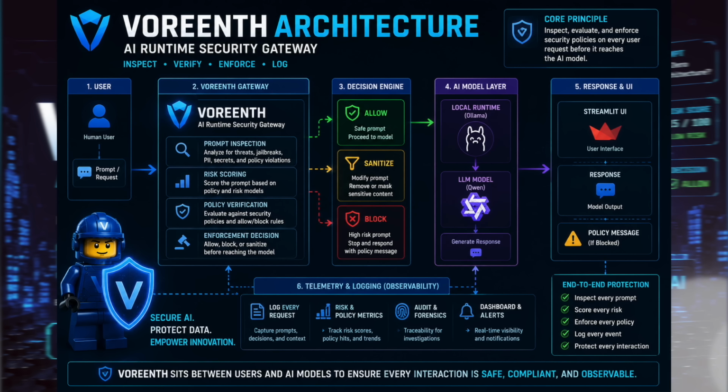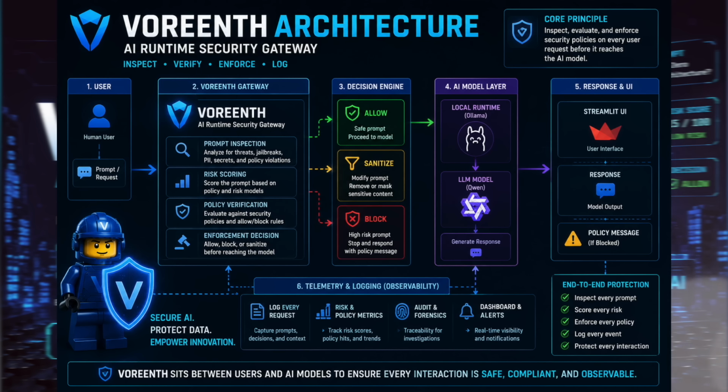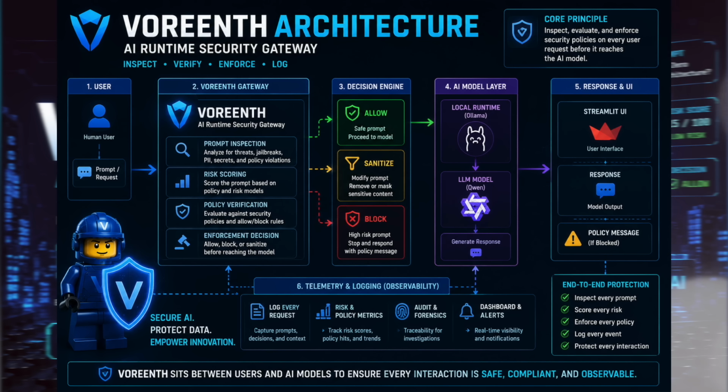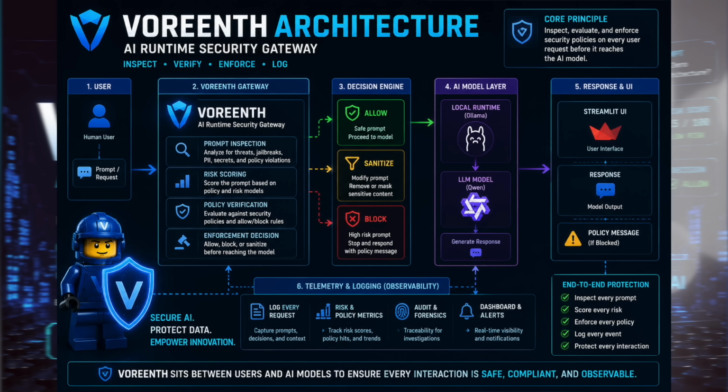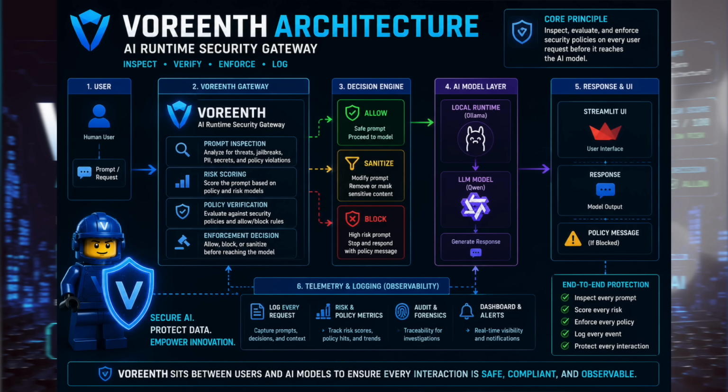The goal is quite simple. Let language models focus on generating responses and let security controls focus on making security decisions. At a very high level, Voreenth acts as a security control layer between users and AI systems. Essentially, users are no longer sending requests directly to the language model. Instead, every request flows through Voreenth first.